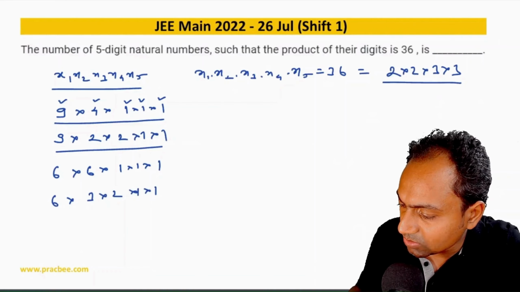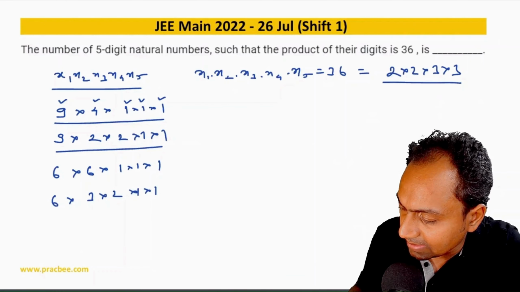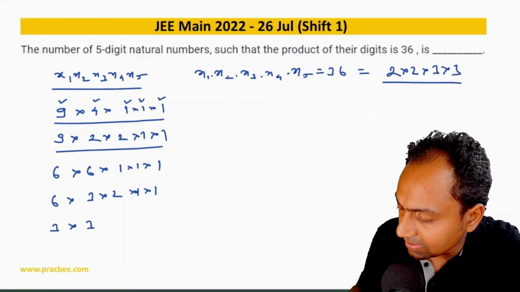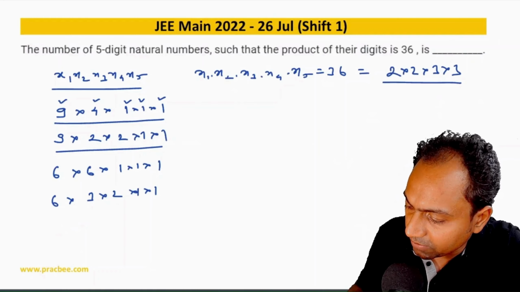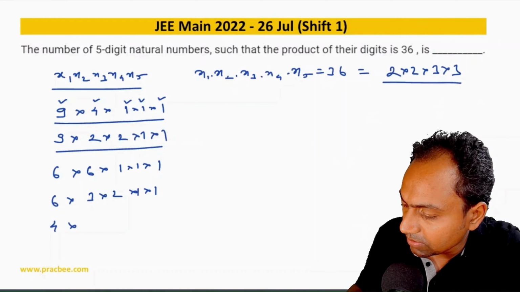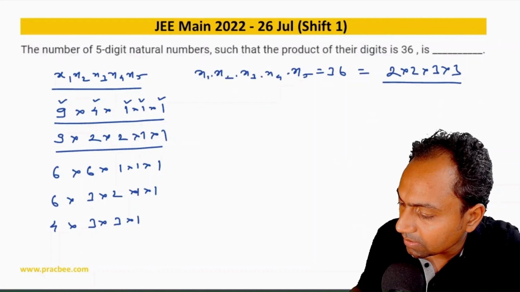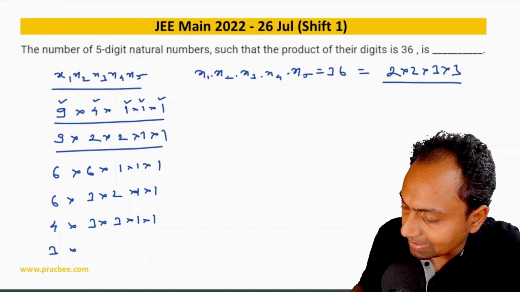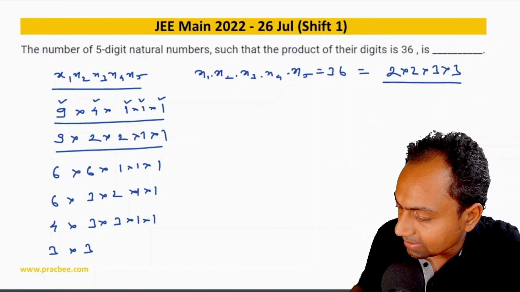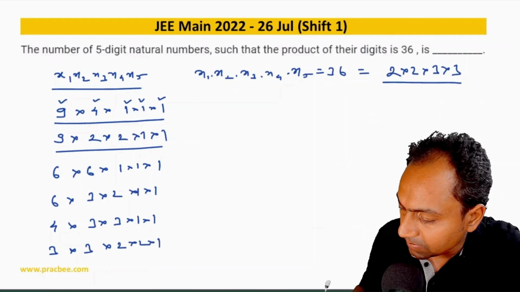Once I have taken these digits, now the next can be written as nothing but 3. So I can write 3, 3, and in fact the next can be 4. So if I take one of them as 4, then 4 into 3 into 3 into 1 into 1, and towards that I can take 3, then 3, then 2 into 2 into 1. We have these 6 cases.